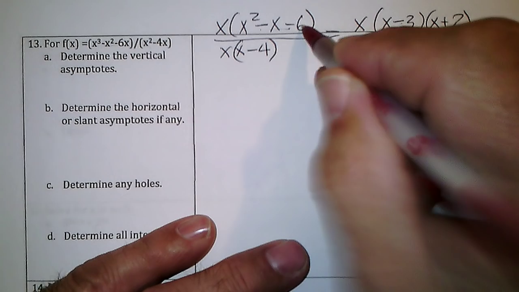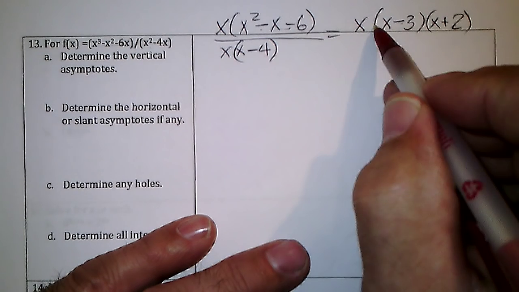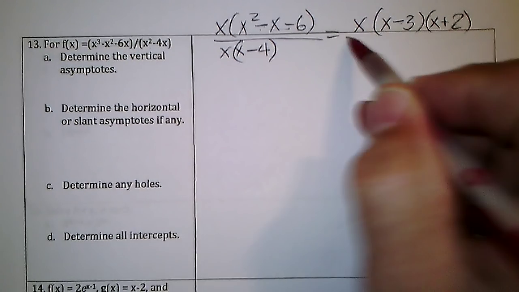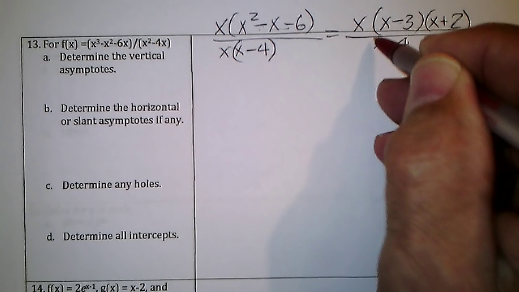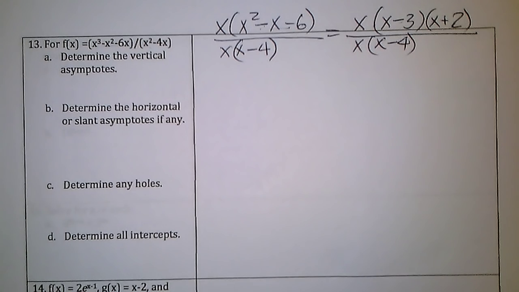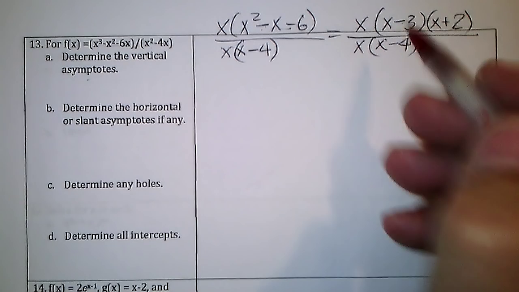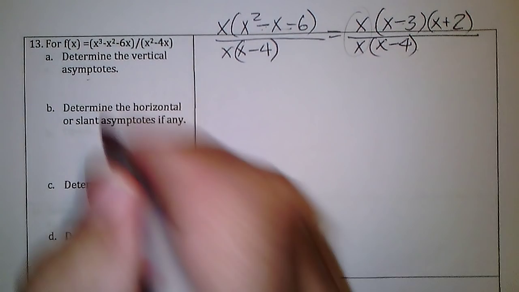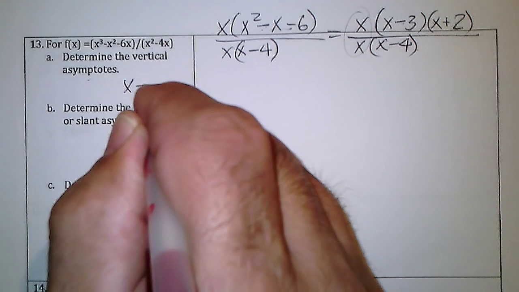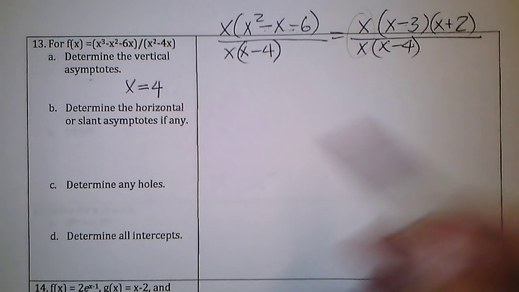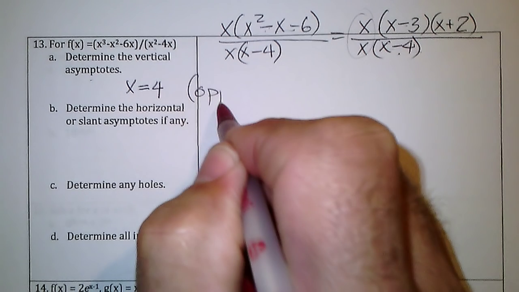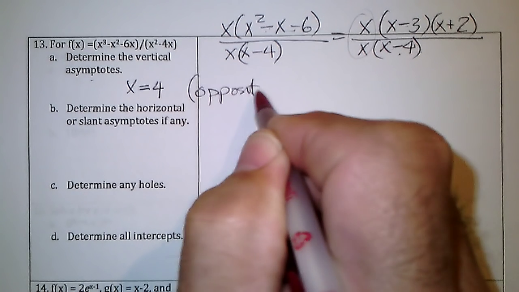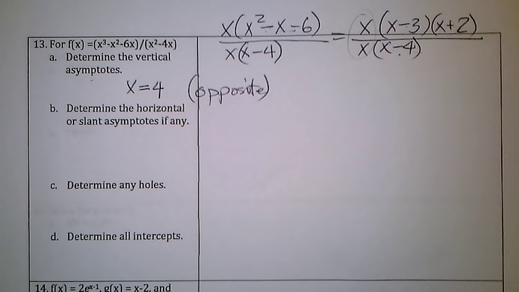That makes minus 6. Minus 3x plus 2x is minus x, so that's that, and this is x and x minus 4. So vertical asymptotes, since that's a whole, the only vertical asymptote is x equals 4, and since it's degree 1, they would go in opposite directions at it.